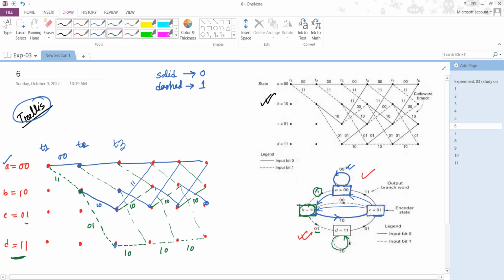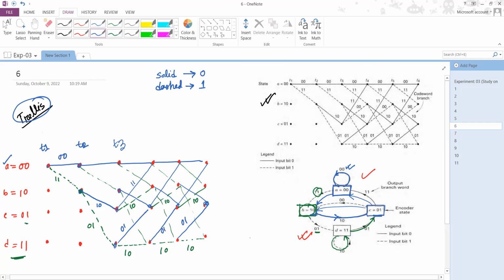And also for the zero input, it is going from 1 1 to 0 1, and the output associated with it is 0 1.